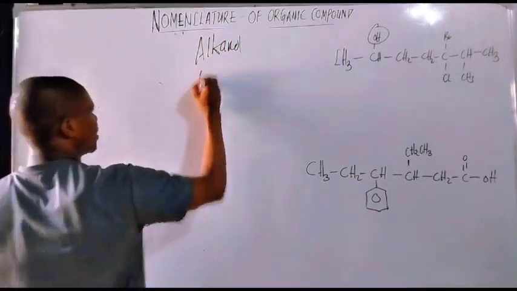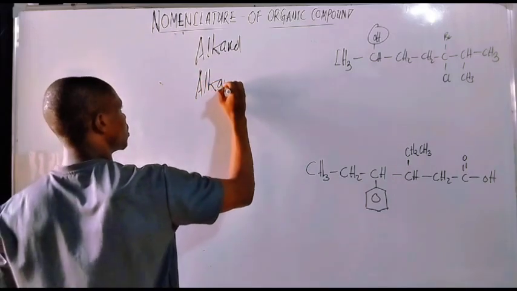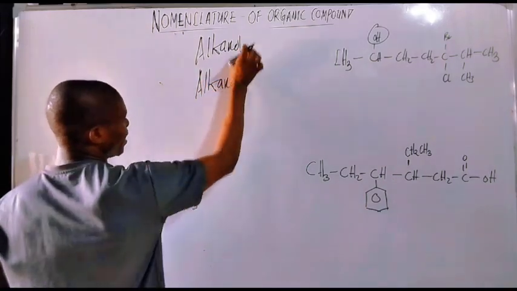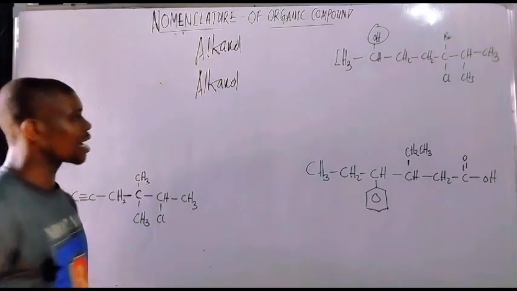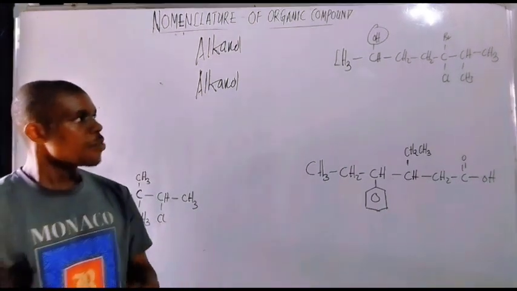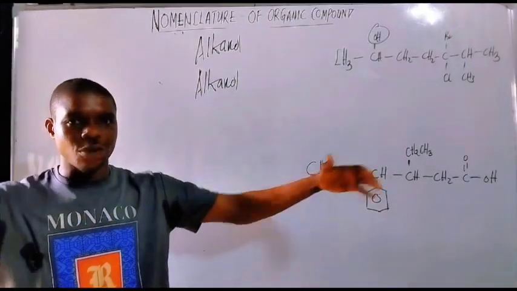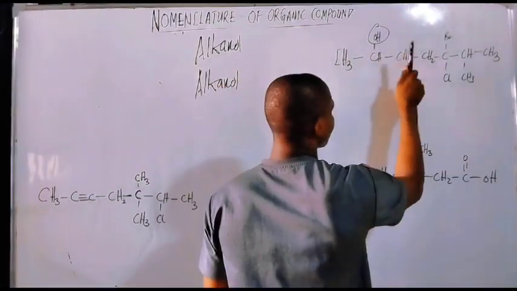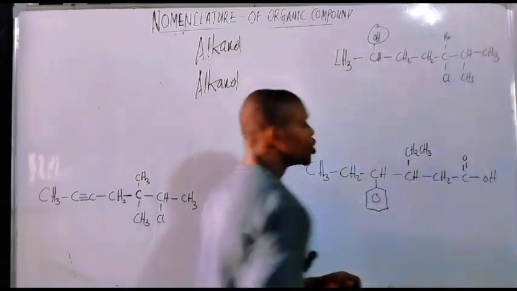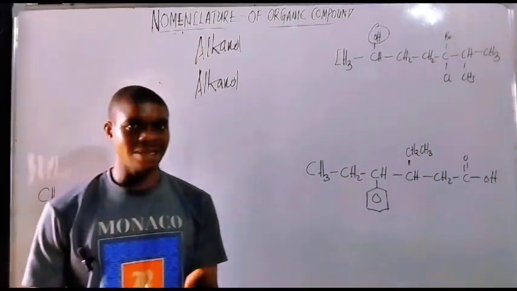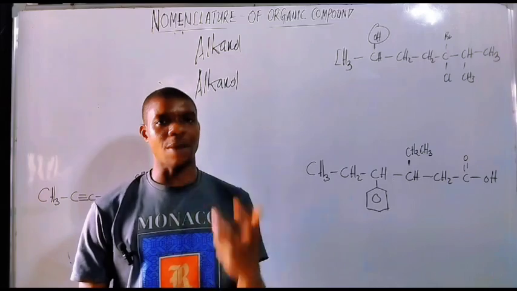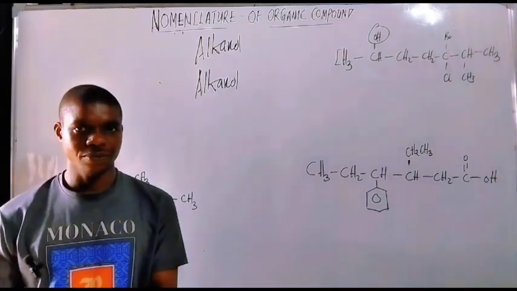Remember, here we have alkane, right? When you remove the E and replace it with OH, then we get alkanol. Hope you understand. Now, let's look at the carbon chain. Here we have 1, 2, 3, 4, 5, 6, 7. So let it be heptanol. Seven carbon atoms with OH, heptanol, right?